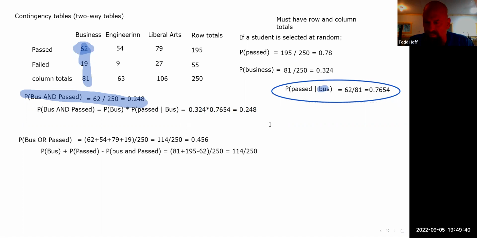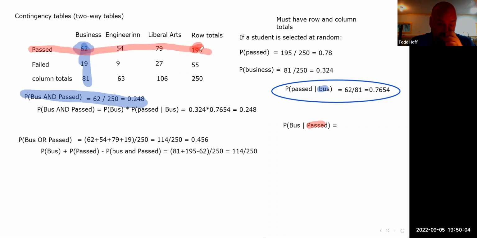Well, since we did a conditional probability, let's look at the opposite of that. It's the probability they're a business student given that they passed. Well, at first glance, a lot of people think, well, this is the same thing. It is not. What we're looking at here now, the condition is saying that they passed. So that means we're only looking at the students who passed. So we're only looking at this row.